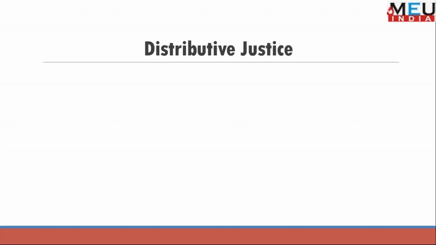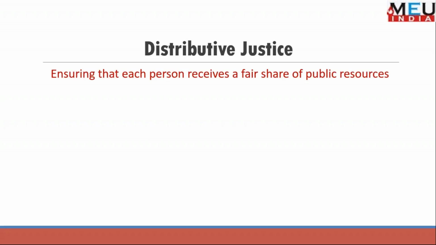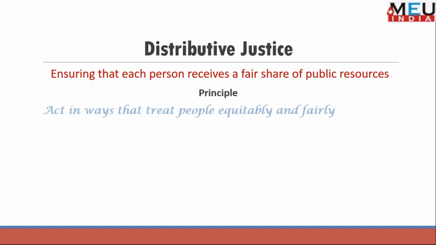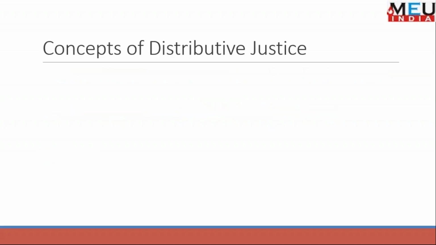So what is distributive justice? I just gave you the definition. Distributive justice is ensuring that each person receives a fair share of public resources, and it's based on the principle that we should act in ways that treat people equitably and fairly. So there's an element of fairness, entitlement, and equality. Now I'm going to introduce you to a few concepts of distributive justice.